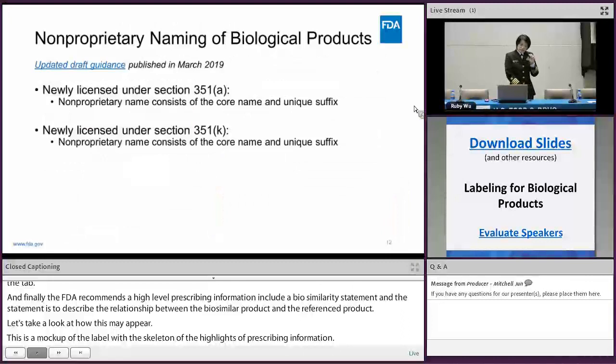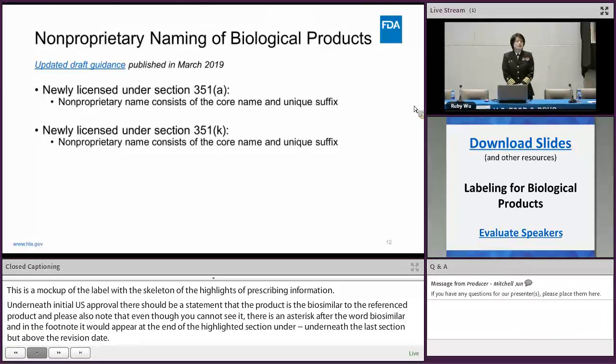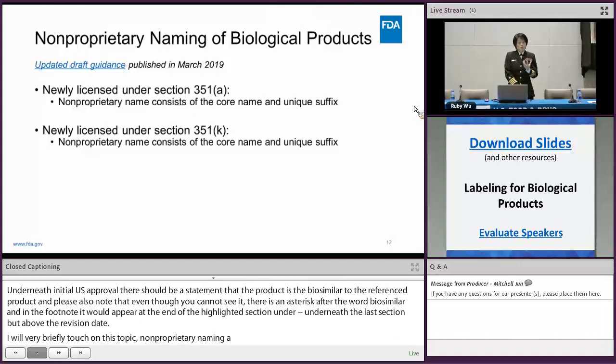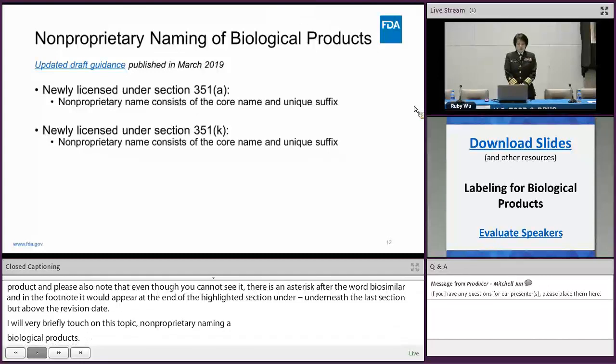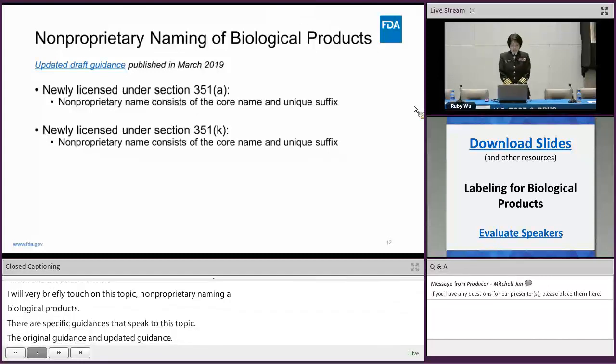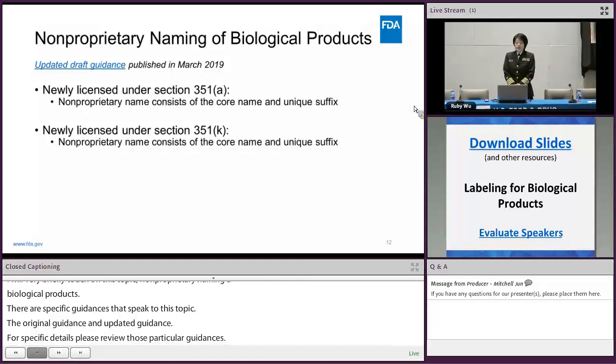Now, I'm going to very briefly touch on this topic, non-proprietary naming of biological products. There are specific guidances that speak to this topic. There's the original guidance as well as the updated guidance. So for specific details about how to approach this, please review those particular guidances. But generally, for 351(a) and 351(k) applications that are newly licensed, the non-proprietary name consists of a core name attached to a suffix with a hyphen.